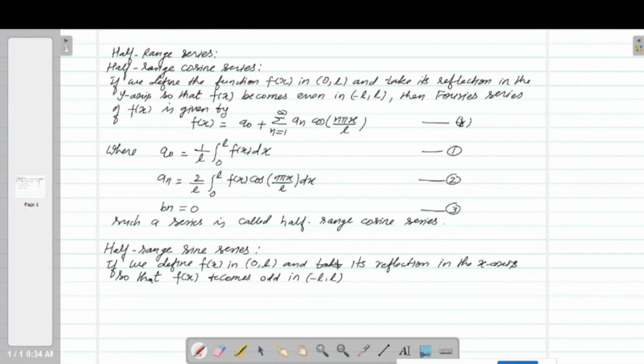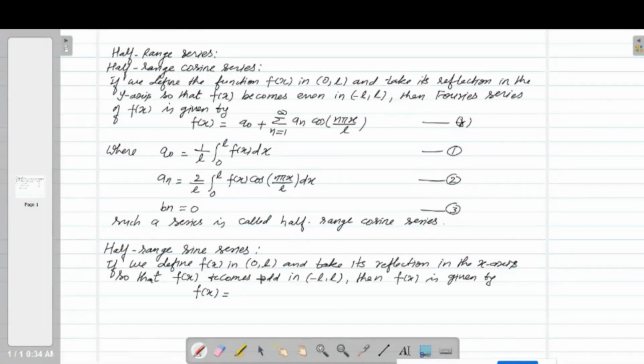Okay, then by properties of definite integral, we can express the Fourier series as follows. Then f of x is given by, your function f of x becomes what? Odd function.